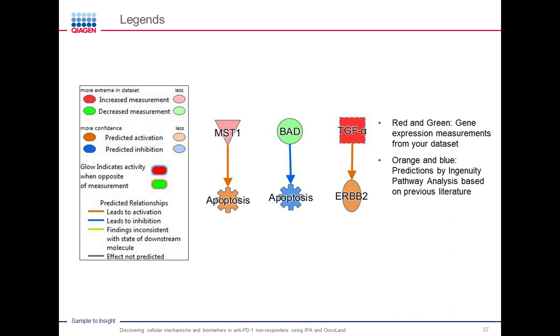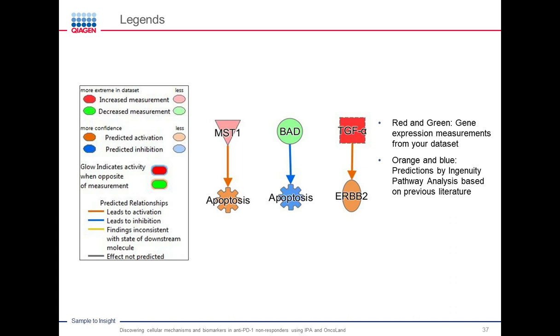And orange and blue are the predictions IPA is making based on your data set and information that is curated from previous literature. So for example, MST1 is colored red. That means it's upregulated in your data set. So upregulation of MST1 is leading to increased apoptosis. IPA is making this prediction based on the information that is curated from previous literature.